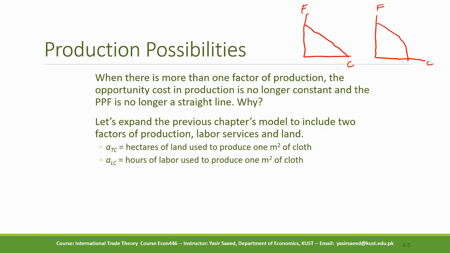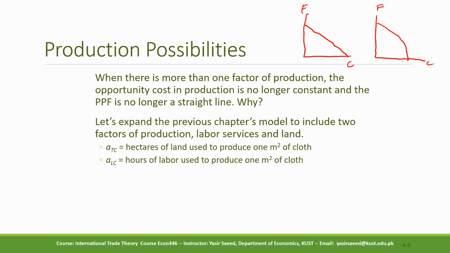The first one is aTC. aTC is basically the hectares of land. T represents land, or alternately we call that terrain, whereas C represents its usage for the production of cloth.